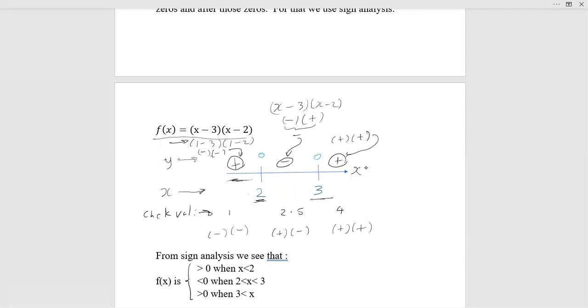That means when x is less than 2, the function is above the x-axis. In between 2 and 3, the function is below the x-axis because it is negative. Again, after x equals 3, the function is positive, above the x-axis, right?